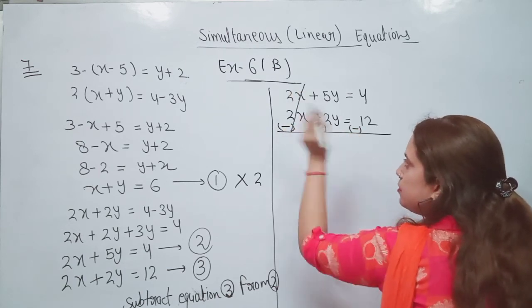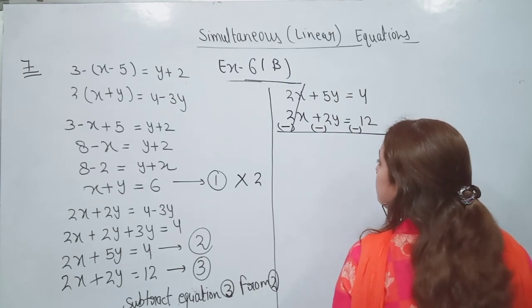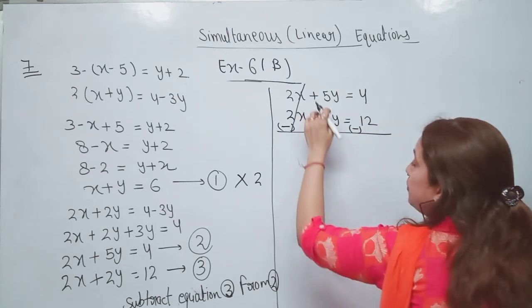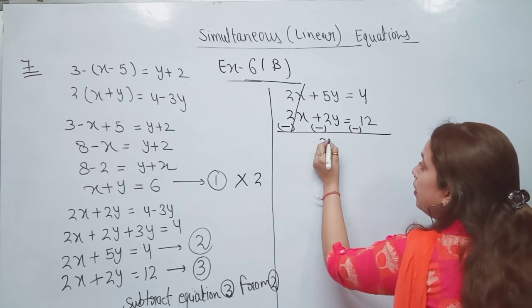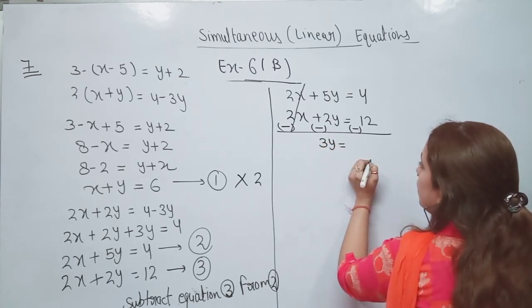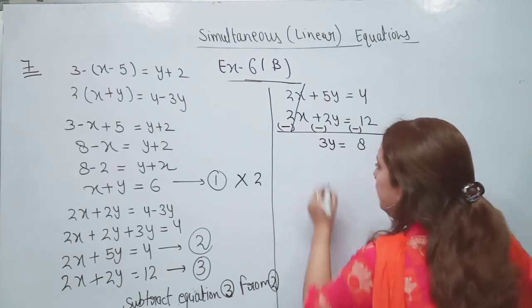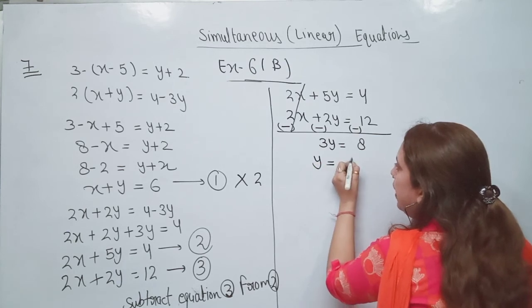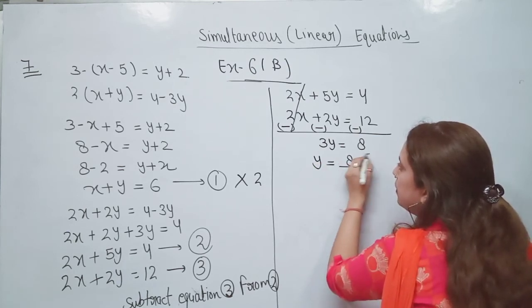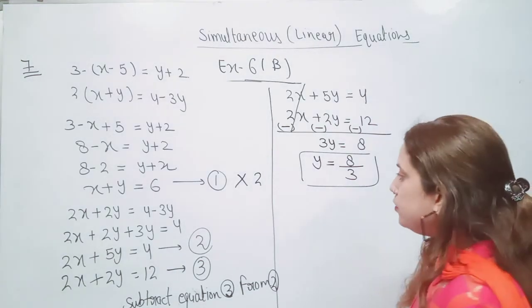Okay, 2x plus minus cancel. 5 minus 2 is 3y is equal to minus 8. Okay, so the value of y is equal to minus 8 by 3.